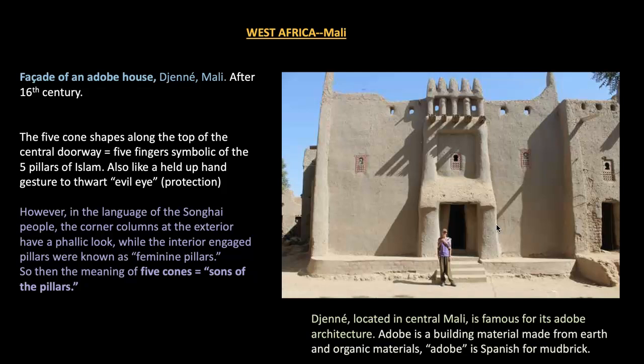So taking those two components of the male and the female together from that union, so to speak, the next generation is born. So then another layered interpretation of the 5 pillars could be the sons of the pillars, so that those are the offspring of the male and female.